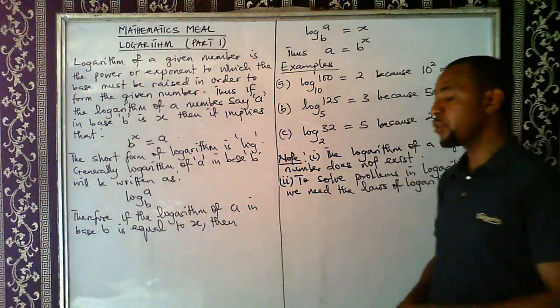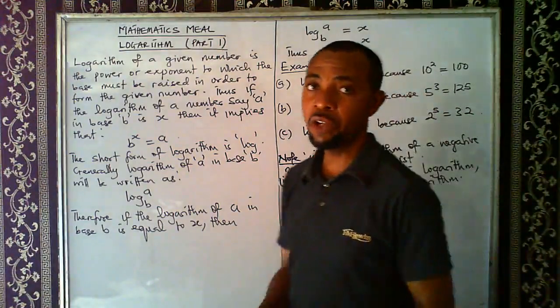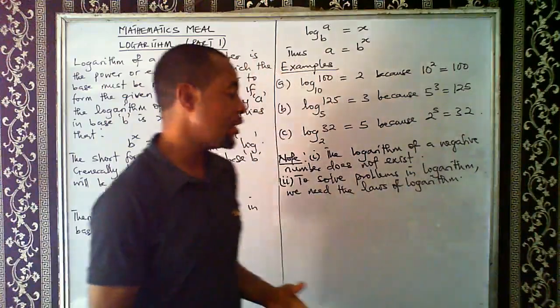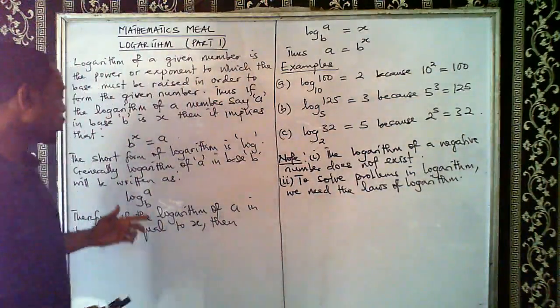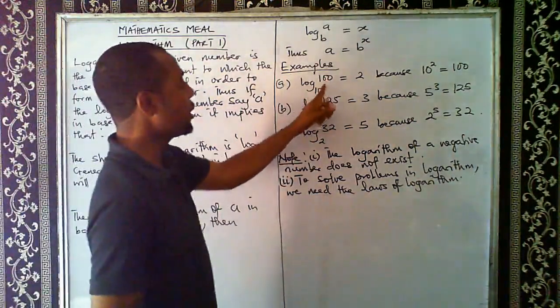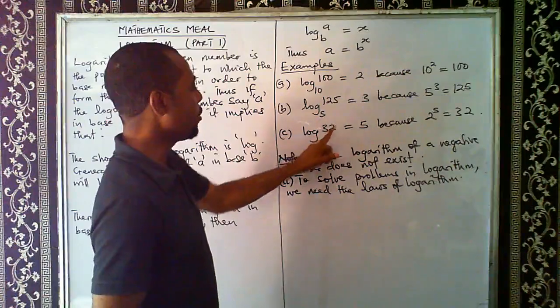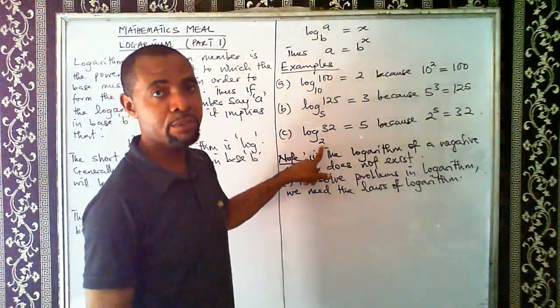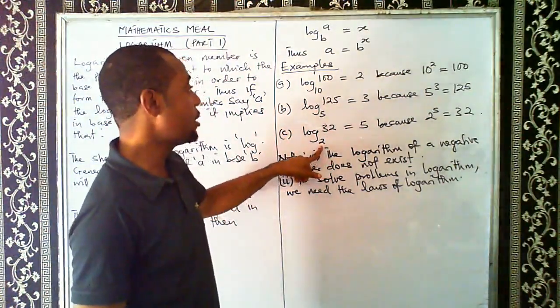Remember the things we have considered so far. We have defined logarithm and we gave examples. And we also emphasized the need for students to know what the number is and what the base is. This is the number, that's the base. The base is usually written as a subscript.